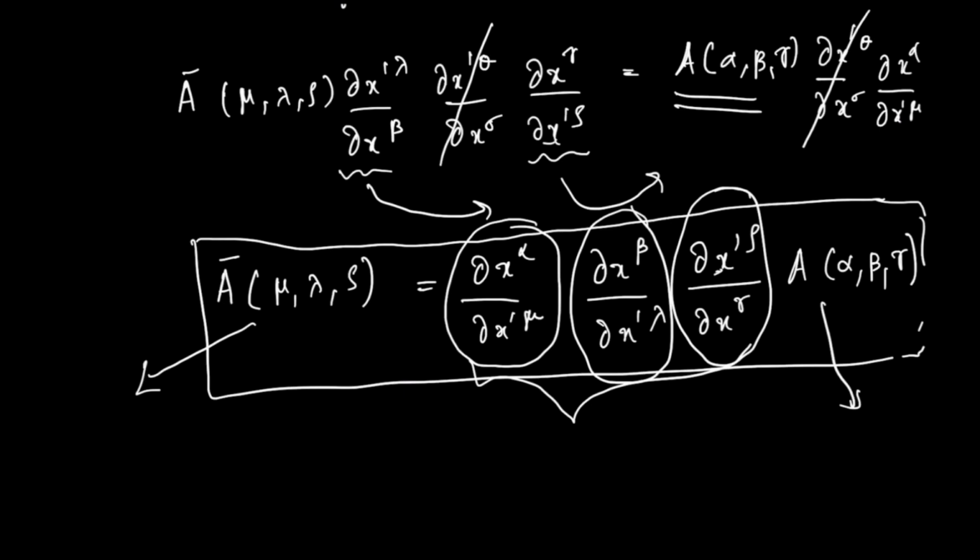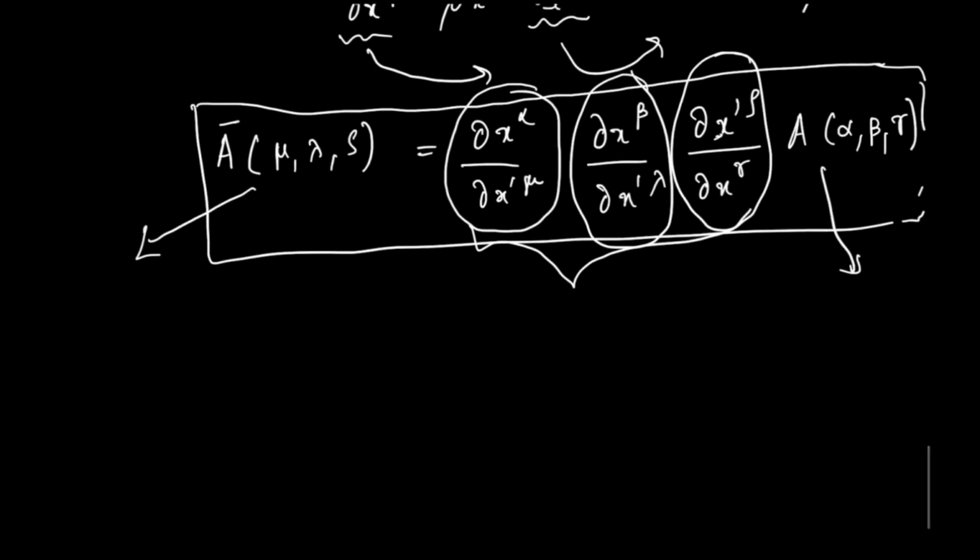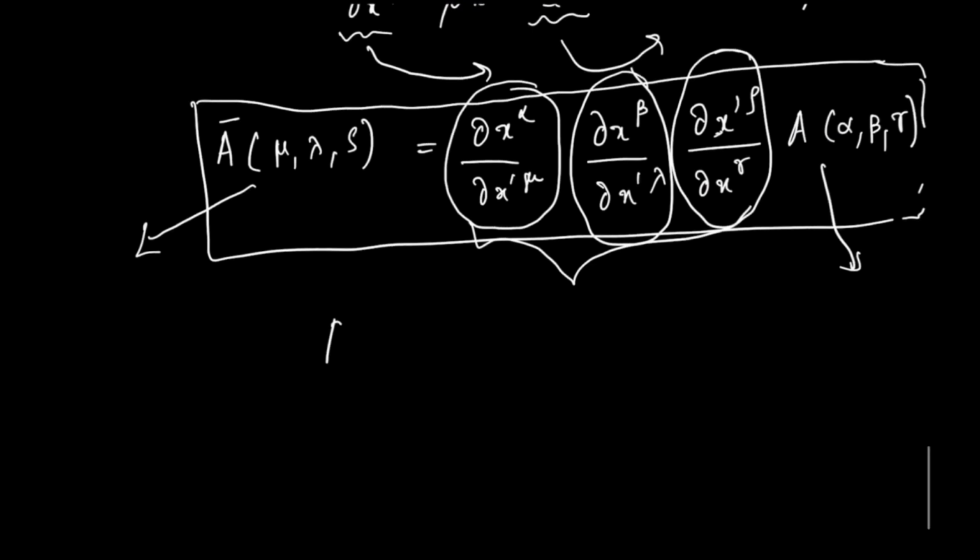Looking at the structure of this transformation, how do I write this? Two covariant and one contravariant. So now instead of A bar, I'm going to write A prime because it's a tensor. Rho, mu, lambda. Here rho is contravariant, right? And these two are covariant, so mu and lambda are covariant. So this is the tensor.